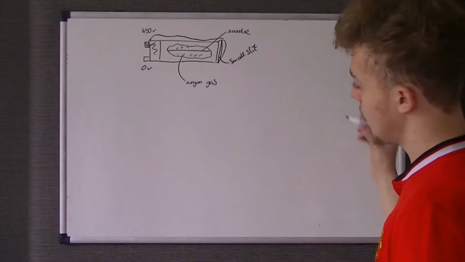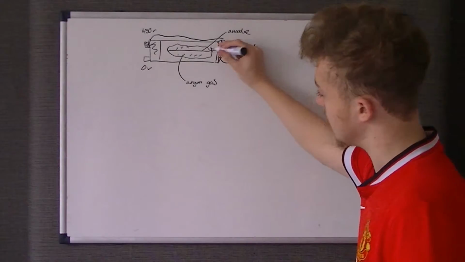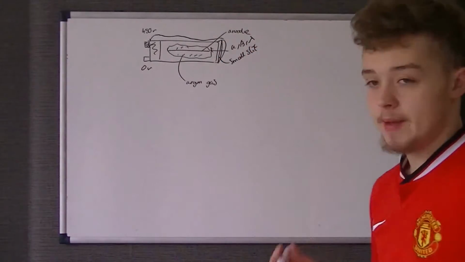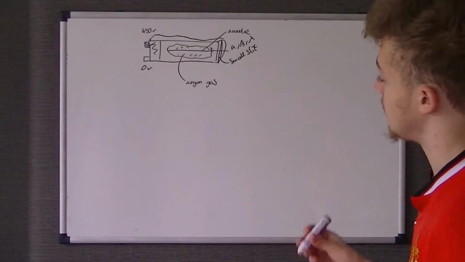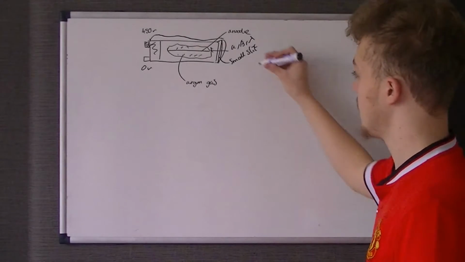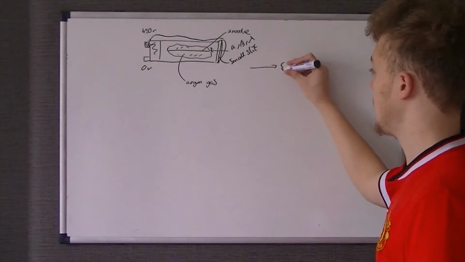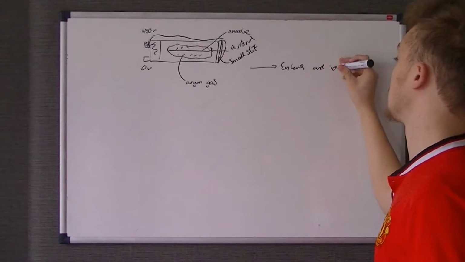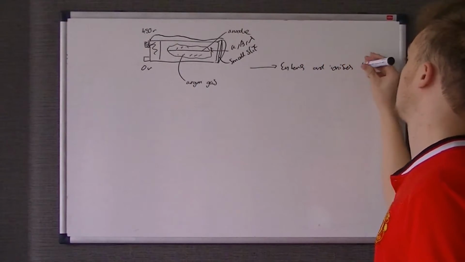When the alpha, beta and gamma particles pass in, they ionise the argon gas molecules. So radiation enters and ionises the argon gas particles.